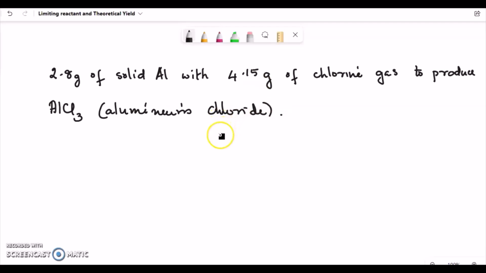We need to determine which is the limiting reactant in this reaction and the theoretical yield of the product when this reaction is done. How to do that?